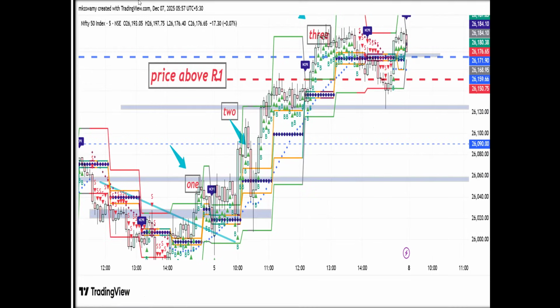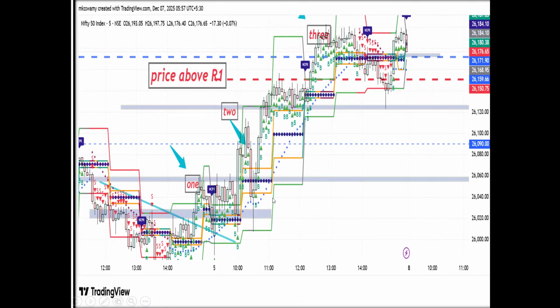See, when it is climbing over here after the first move, you can see it never touched the S1 at all. The price never came down to the S1. S1 is here and R1 is here.